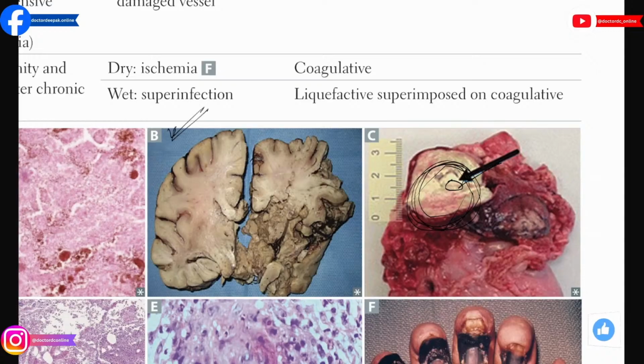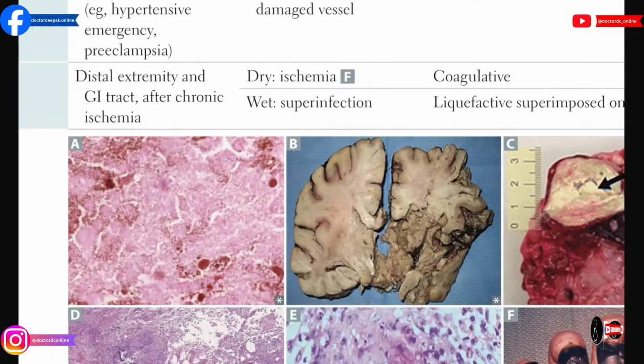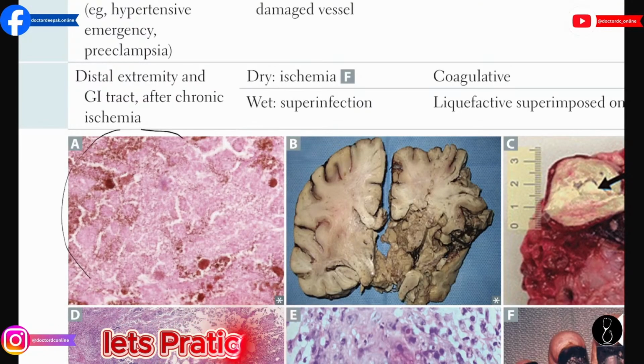It is an example of liquefactive necrosis, because liquefactive necrosis occurs in the brain. And in the first diagram, they give the example of coagulative necrosis. As I already mentioned, it becomes more pink-red. You will see more eosinophilia. It is not basophilic, it is eosinophilic. So that is about this diagram.